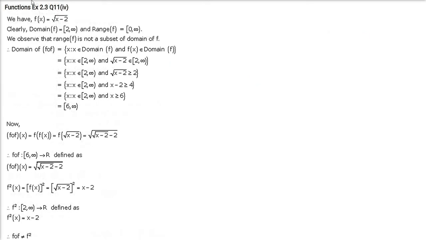So next will be f squared. It has no problem. We will deal with 2 to infinity, because the domain of f is 2 to infinity. So we just have to square this: under root x minus 2, whole squared, which is going to be x minus 2.